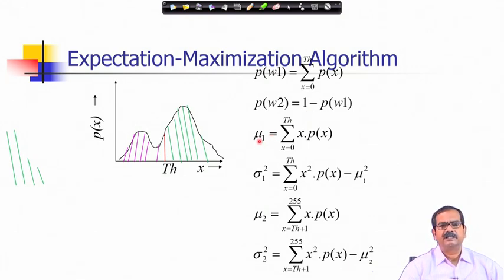Then this is the mean from this region, and this is the standard deviation from this region. Similarly, mu2 is the mean from this region, and sigma2 squared is the variance, or sigma2 is the standard deviation, from this region. This is how we are computing.